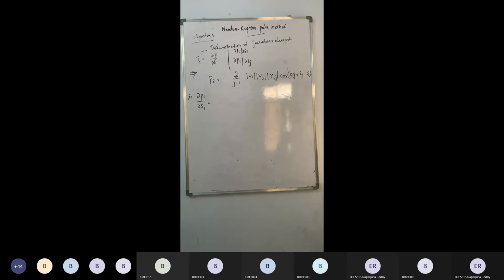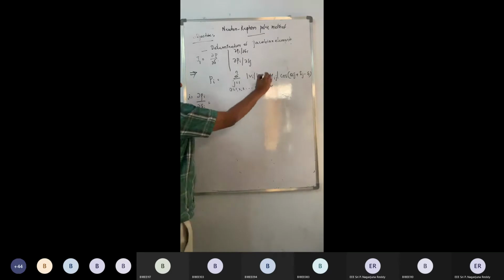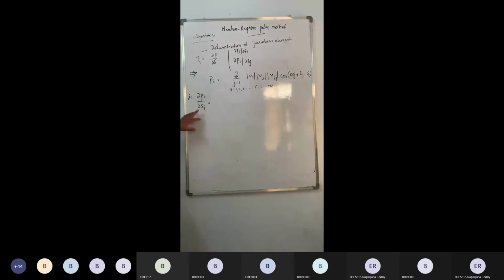Here, if you carefully see, this is j is equal to 1 to n. In this j is equal to 1, 2, 3, somewhere you will get I, somewhere you will get n. And you are doing with respect to I.